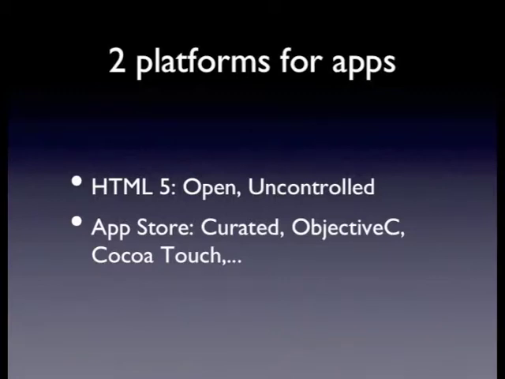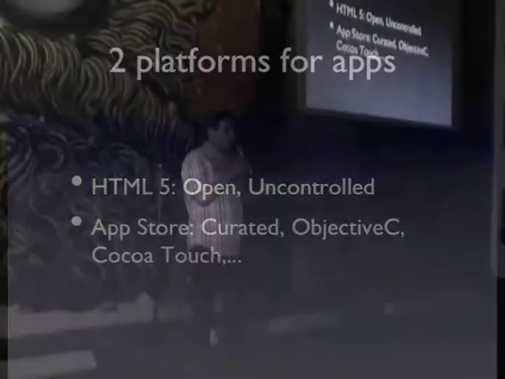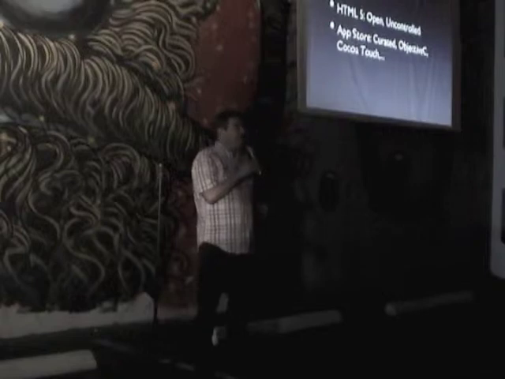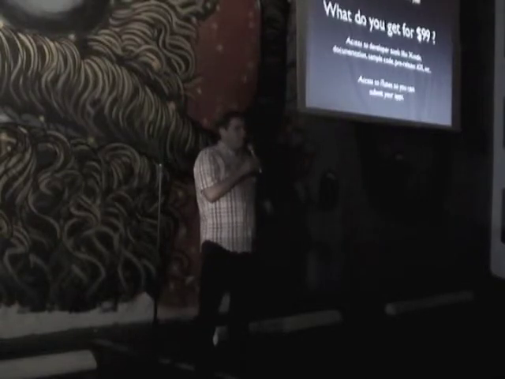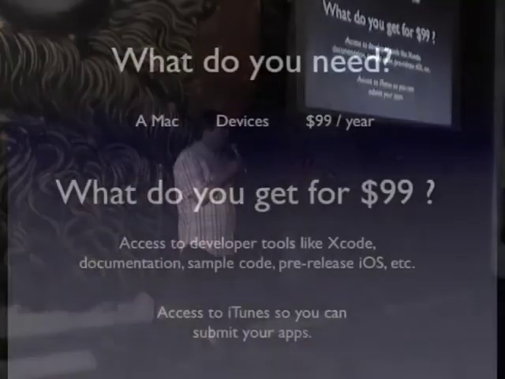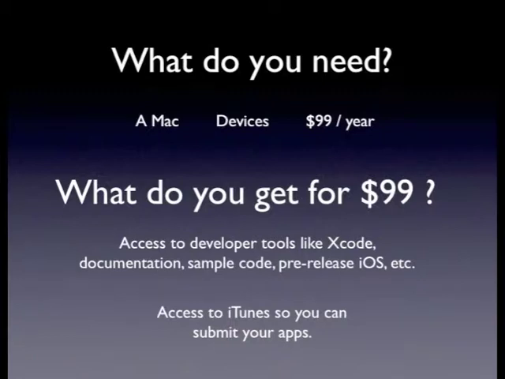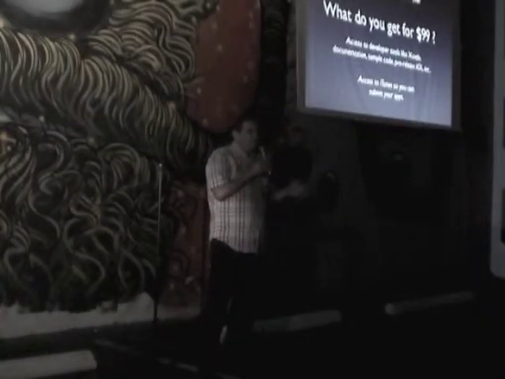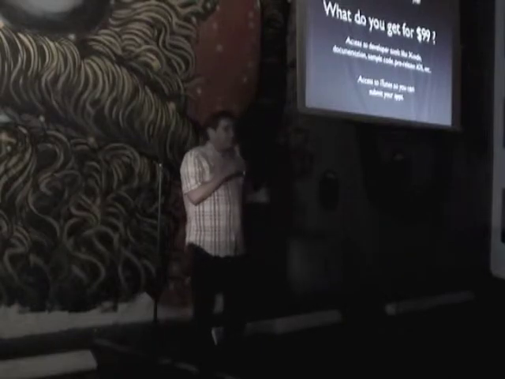If you create apps for the App Store, you do that in Objective-C, and you have to submit them to Apple. The third thing you have to do is register yourself with Apple, pay 99 bucks, and you need to buy yourself a Mac if you don't have one, and you need a few devices like an iPhone or an iPad or whatever.